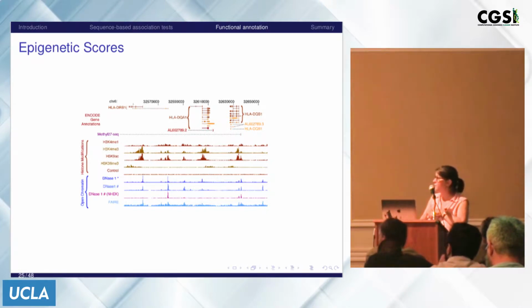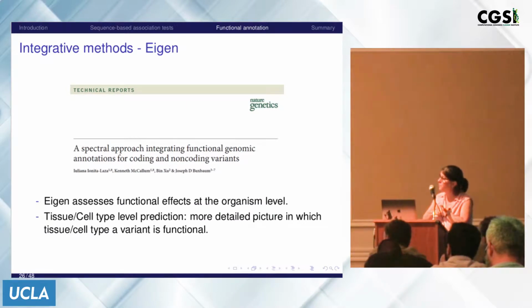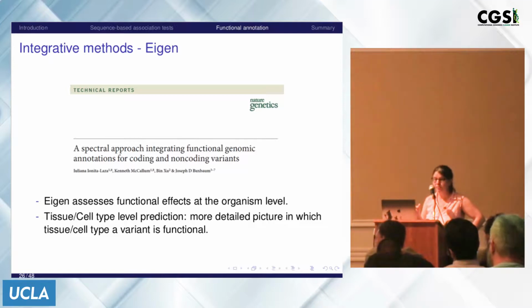So one of the first methods we proposed for doing this integrative analysis is called Eigen, and it's a spectral approach to integrate many different functional annotations. Eigen assesses functional effect at the organism level, so it gives you a score for a variant, how functional that variant is likely to be.